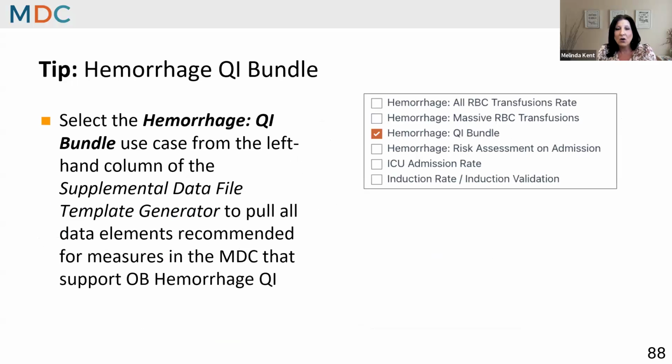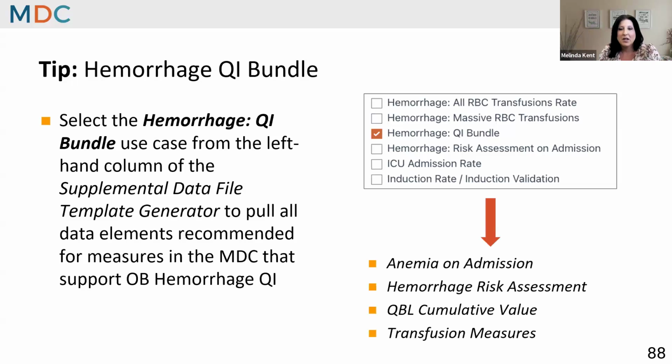If you click one of those, all of the recommended measures from the MDC that associate with it will automatically check for you. So for the hemorrhage QI bundle, that's anemia on admission, hemorrhage risk assessment, QBL cumulative values, and transfusion measures.